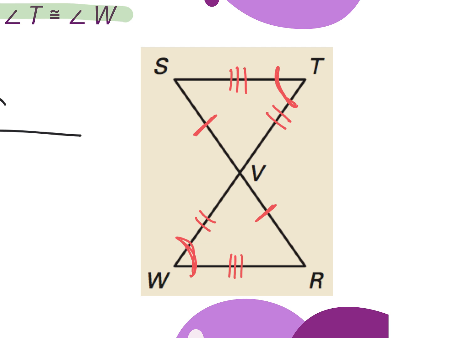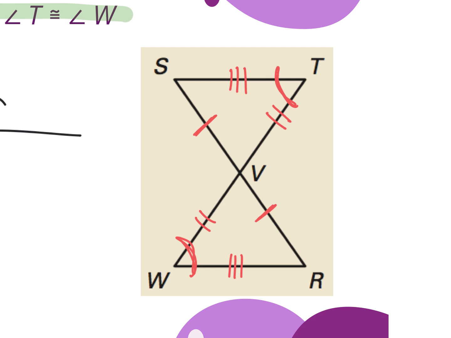Laura? Is it line ST and line WR? So we already stated that. If I already have a congruent mark, I already stated that they're congruent, so I'm not going to use it again. So remember, what do I need? I need two more angles, but I need to do something before. Line TW is congruent to SR?